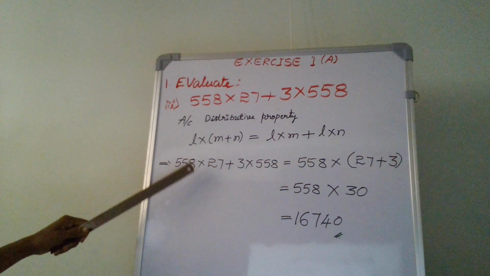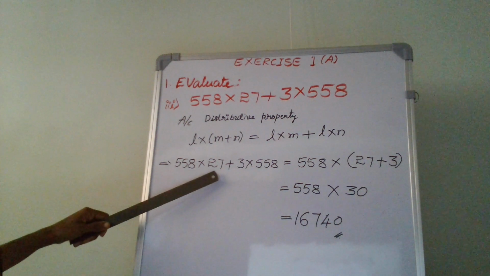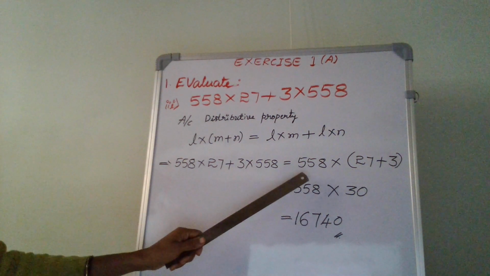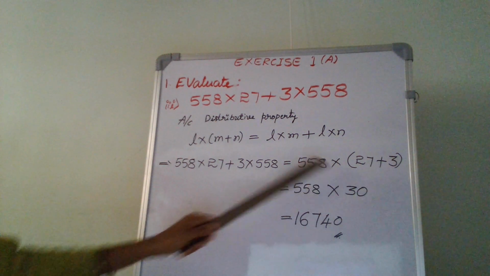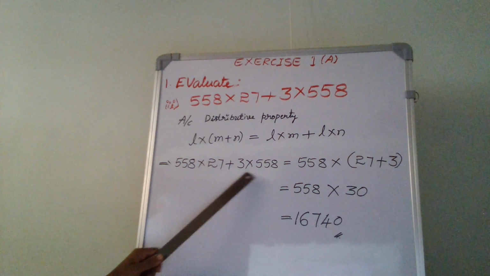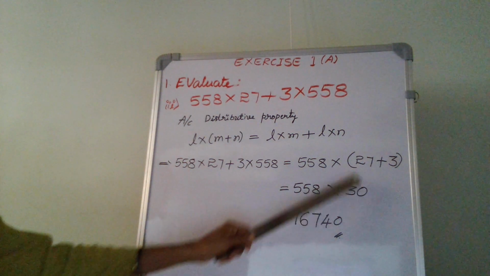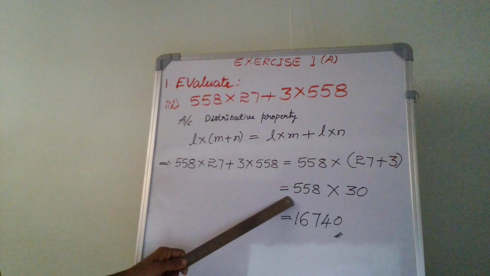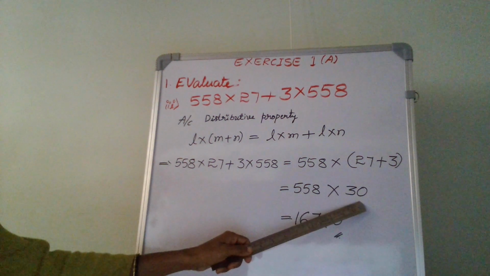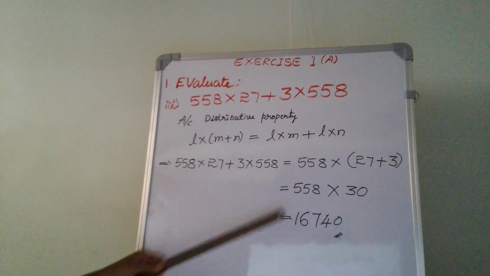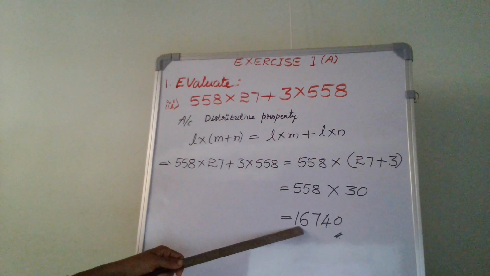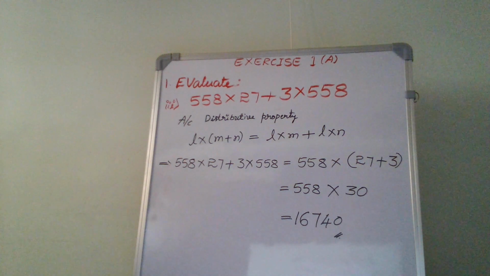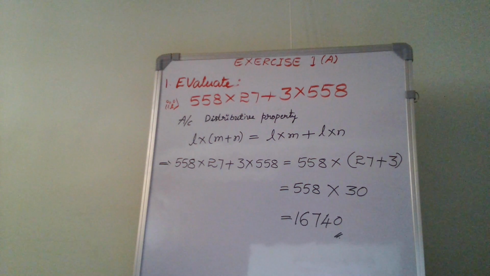Now write down the problem as it is. 558 into 27 plus 3 into 558, which is equal to, take 558 as a common factor, 558 into 27 plus 3. If we add 27 plus 3, it will be 30. Now we have to multiply 558 into 30. After multiplying, we will get 16,740 as the answer. Hope you understand.